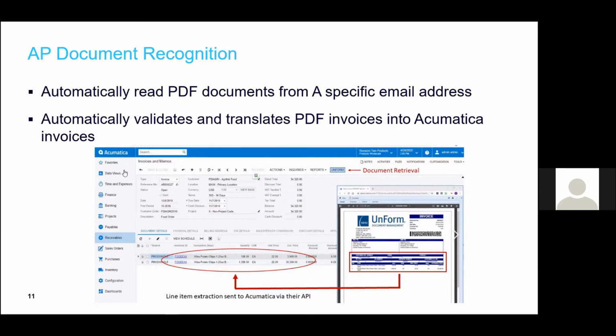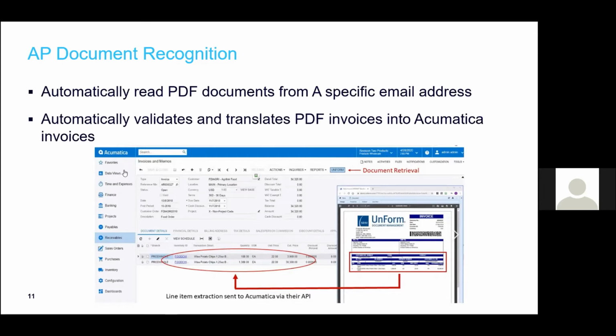And then through machine learning and OCR recognition, the system can translate that PDF into an actual invoice in Acumatica, as if a user had typed it in. The user, whoever's monitoring that AP inbox, has the ability to change and edit it and review it before they send it off to accounts payable. But it's just a remarkable feature that Acumatica can automate AP documents to that level.